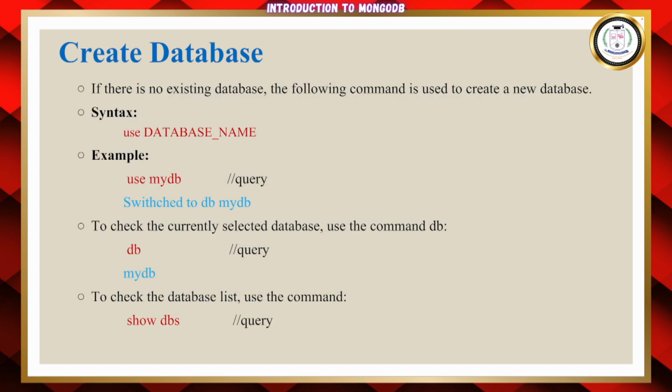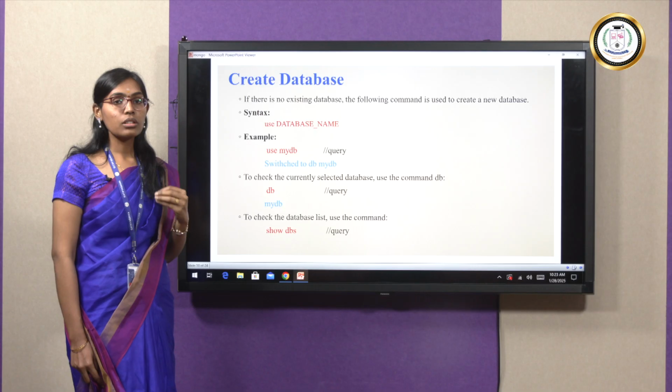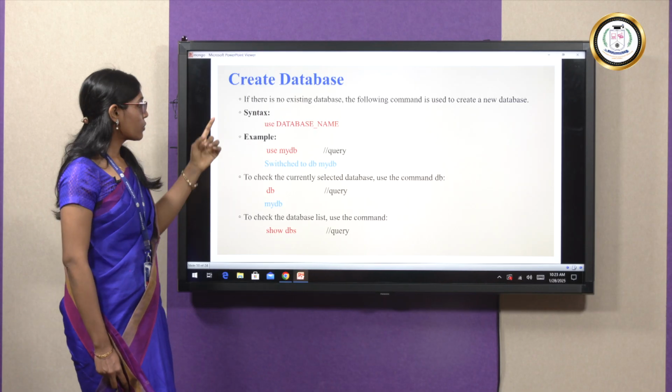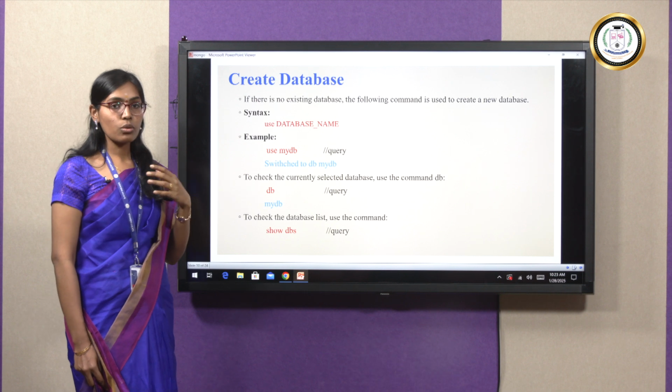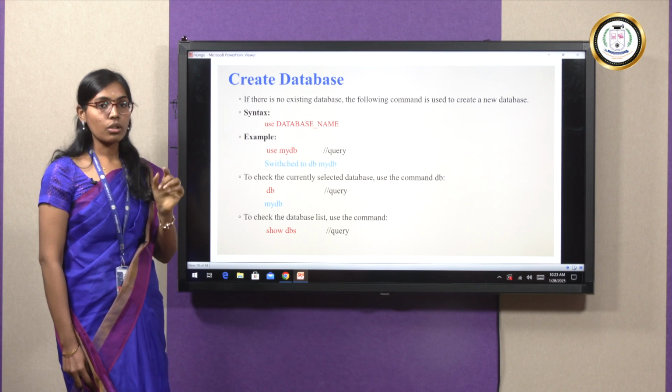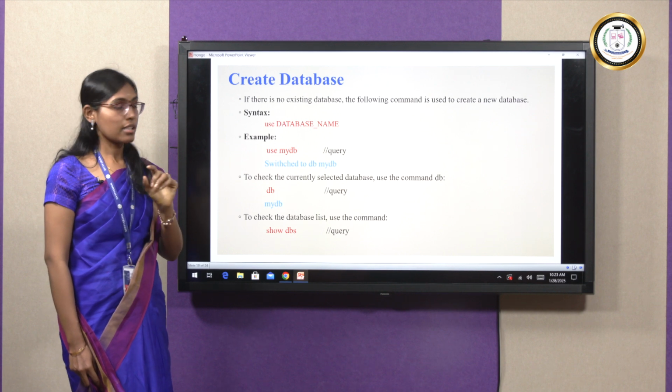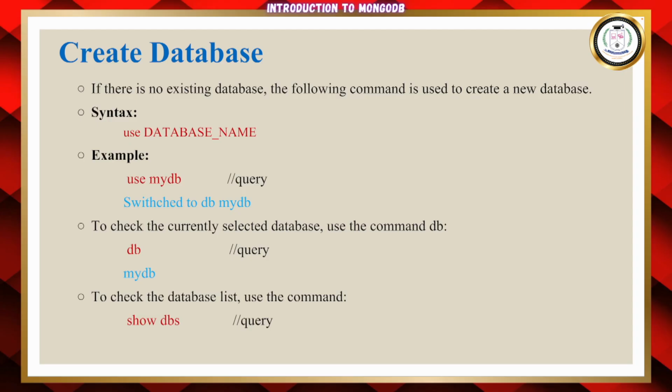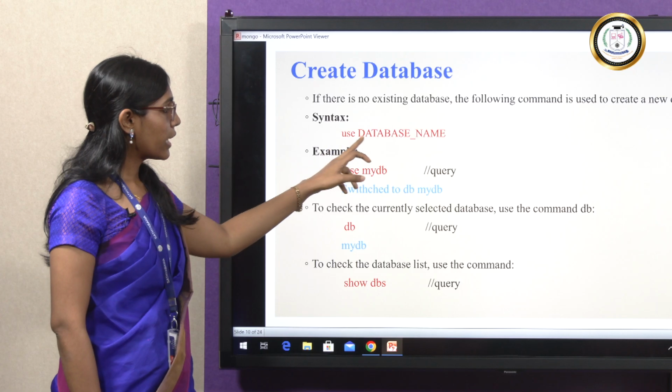Now, how are we going to create a database inside MongoDB? The initial main thing is creating your database. For creating a database, if there is no existing database, you need to create it with the help of a command called use. The use command is used for creating your database. The syntax is use followed by the database name.